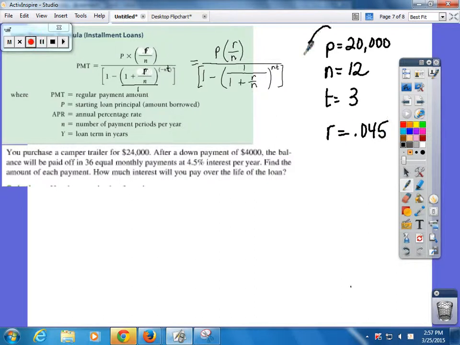And this is what you need to plug and chug into that. Now, you can actually do this without even writing anything down.